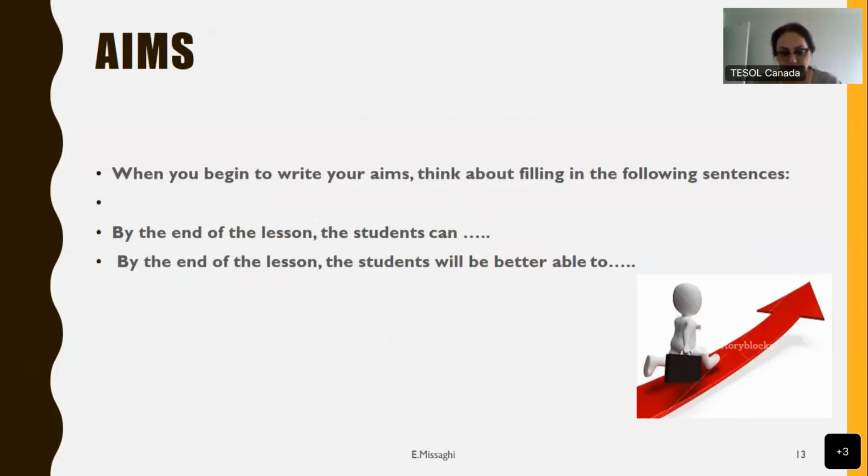As we discussed in class, and your friends said, when you want to write the aim for terminal objectives, you said, by the end of the lesson, the students can, or by the end of the lesson, the students will be better able to, then you explain. This is how you started. So it shows this is terminal.